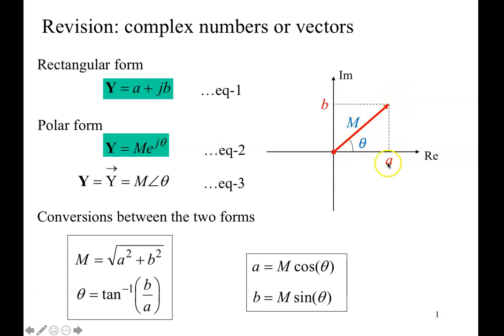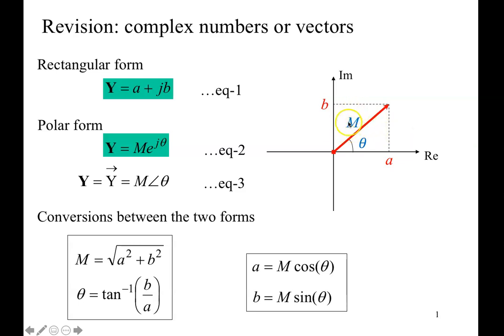And of course, we have a bit of a trick here. They are interchangeable between the two forms, between the rectangular form and the polar form. Because if you look at this triangle here, this is a right angle triangle. This is A, this is B. So A squared plus B squared equals M squared.